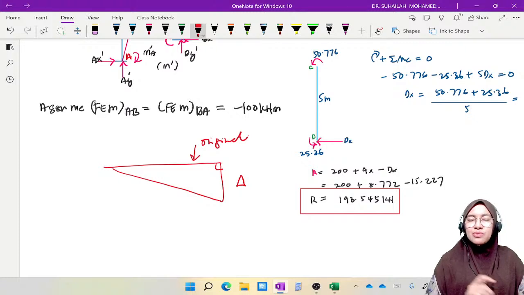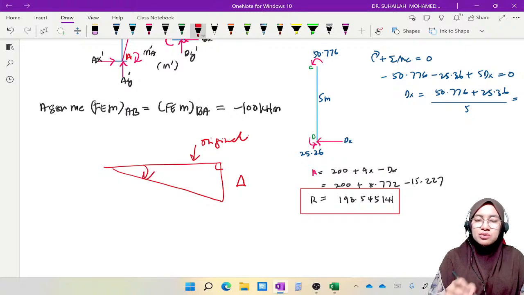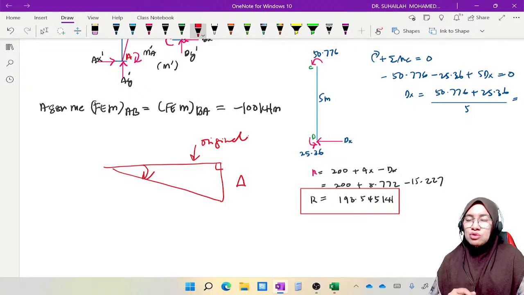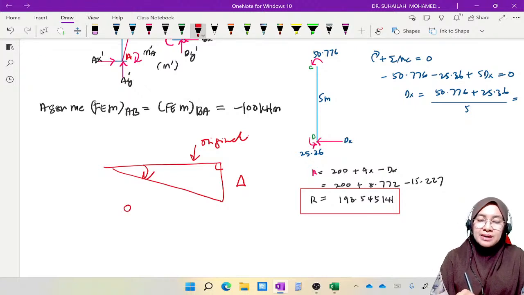The angle we measure from the original to the inclined new position is clockwise.